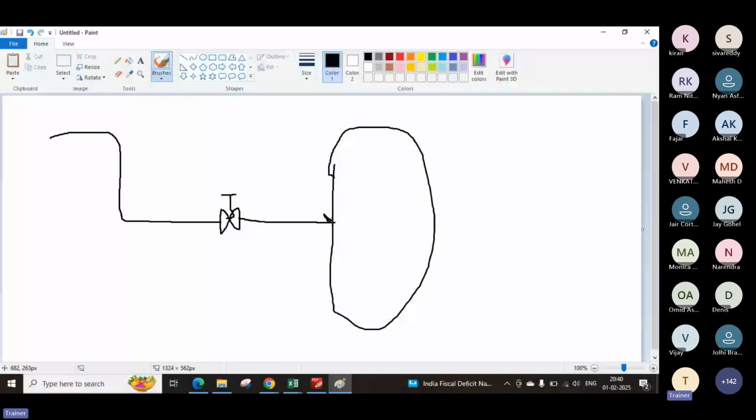Suppose this is the feed line which is coming from the top. Then it changes its direction at this point, coming downward, and then it comes to the separator.